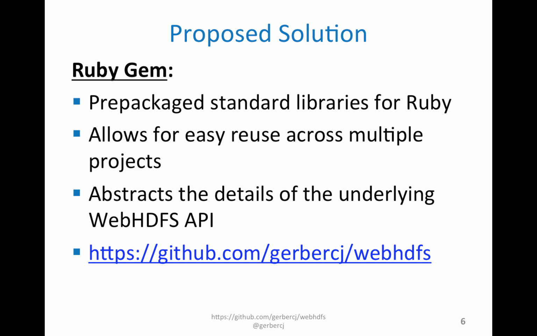By using this library approach, we're able to abstract the details of the underlying WebHDFS API and provide a more Ruby-like approach for developers to use when implementing this functionality. The full project is available at https://github.com/gerbercj/webhdfs, and it's available for you to download at your will.